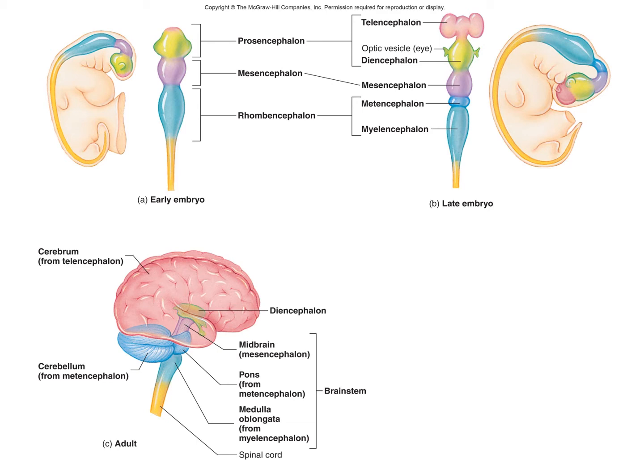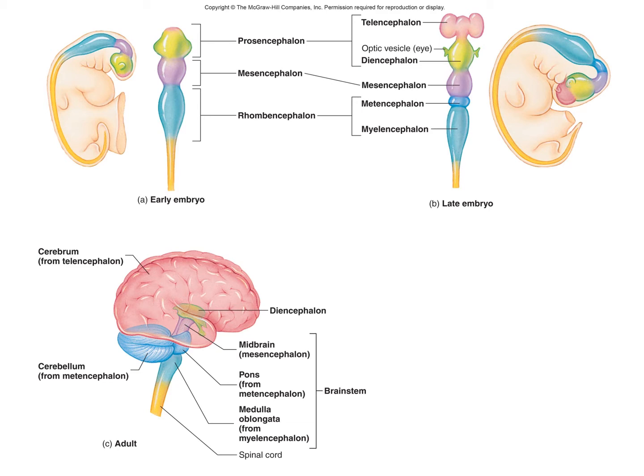The midbrain or mesencephalon retains its name. The hindbrain, or the rhombencephalon, expands to form two regions called the metencephalon and myelencephalon. So our three-part brain basically becomes a five-part brain.